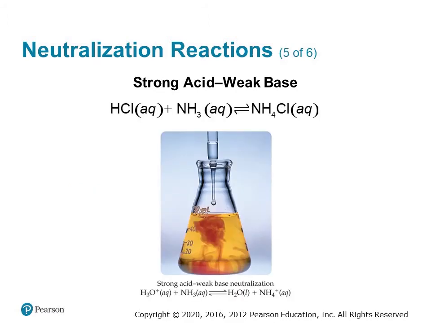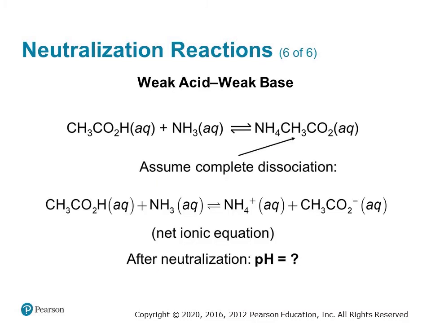We can see this in action if we use the indicator methyl red to track the reaction. This indicator is yellow in neutral or basic solutions, but red in acidic ones. After the neutralization of ammonia with hydrochloric acid, we see the solution transform into a red color, revealing that it has an acidic pH. Finally, if we have a weak acid-weak base neutralization, only the salt produced will be completely dissociated, and the net ionic equation shows that we end up with both weakly acidic and weakly basic species.